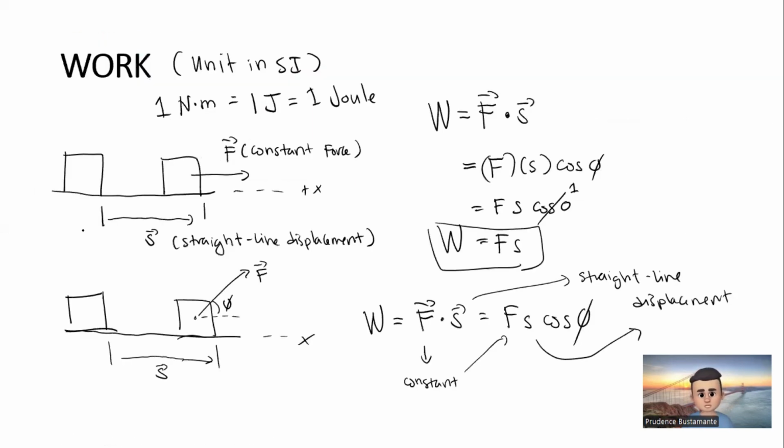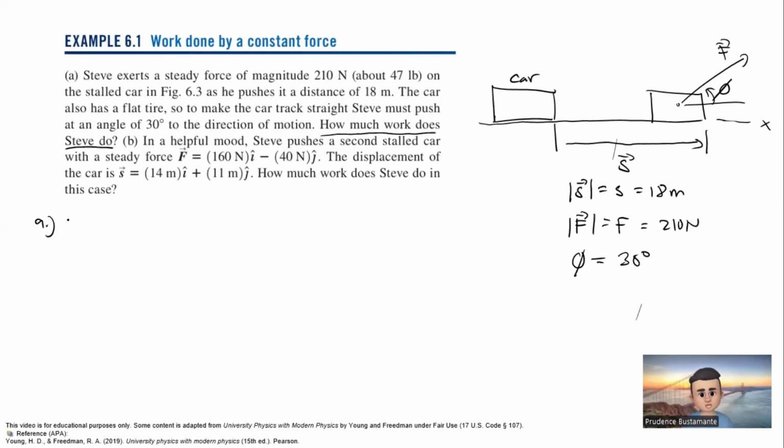From our discussion, the work is just the scalar product of F and S, provided that this is constant, must be constant, and this is as in straight line displacement. S must be in straight line displacement.